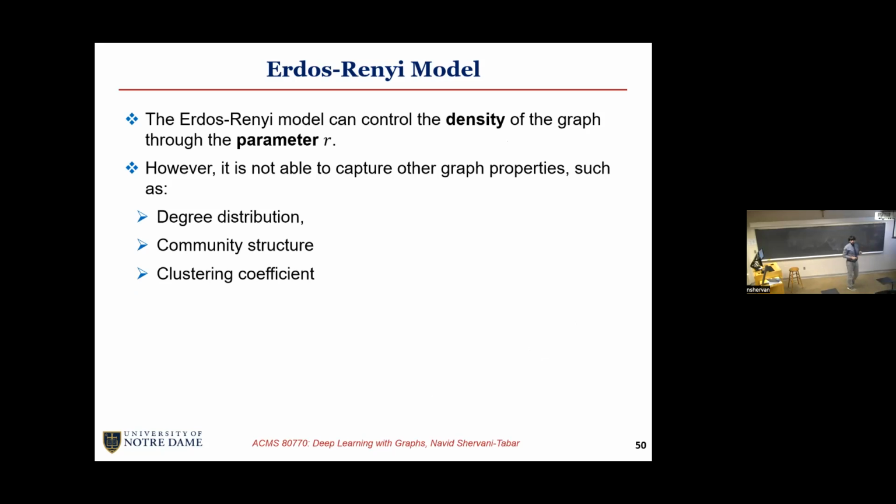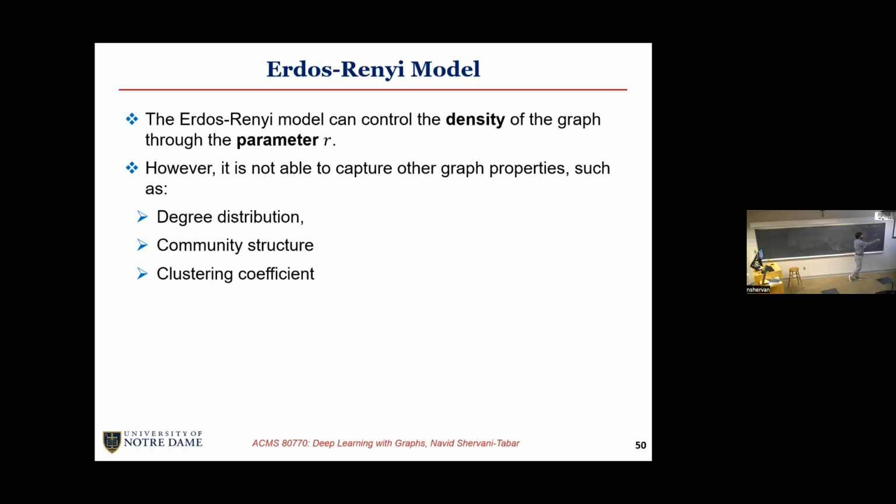We have one parameter in this model, and this parameter is controlling the density of the graph. But that's essentially as much as it can control. It cannot show the degree distribution that real-world graphs represent. It cannot show the community structure that real-world graphs have, and it doesn't have the same clustering coefficient.